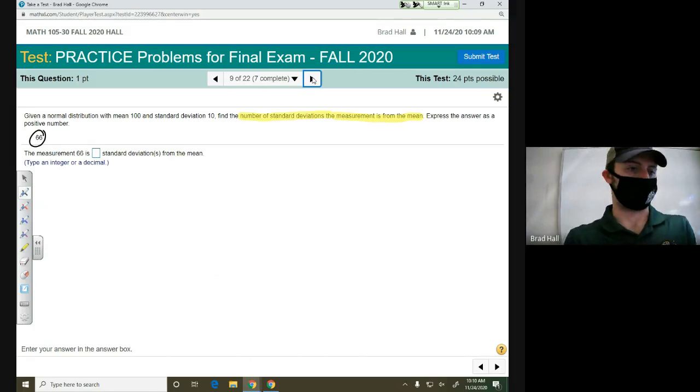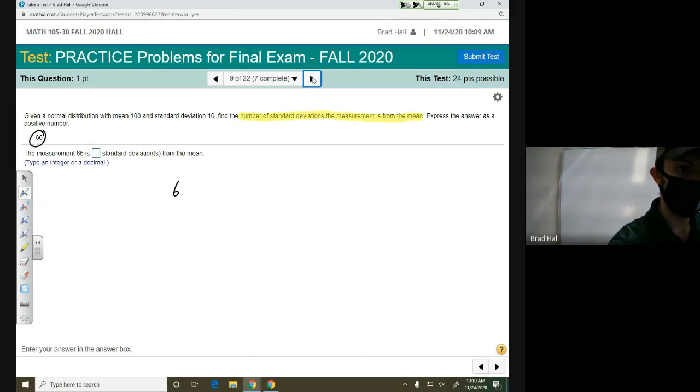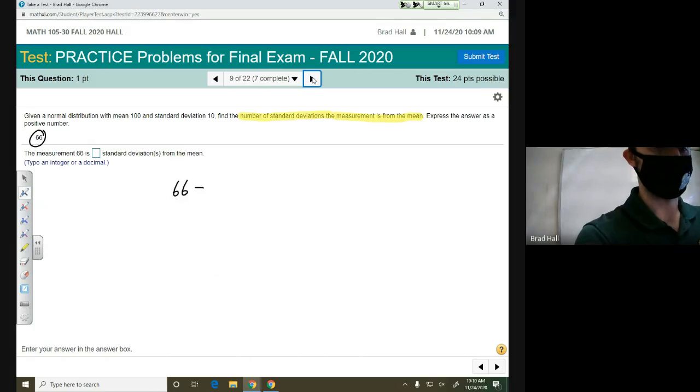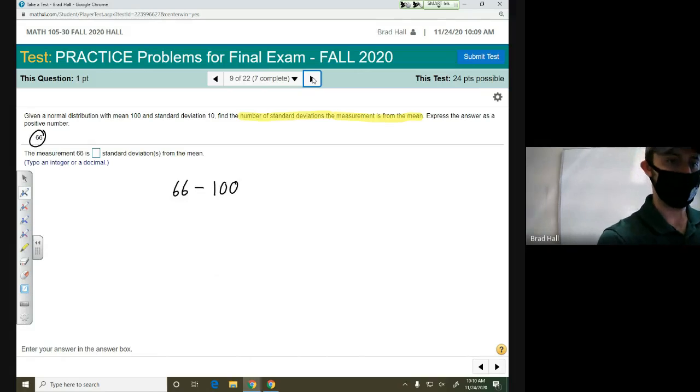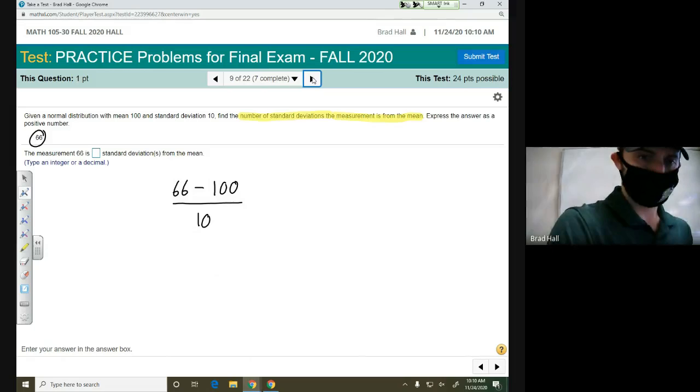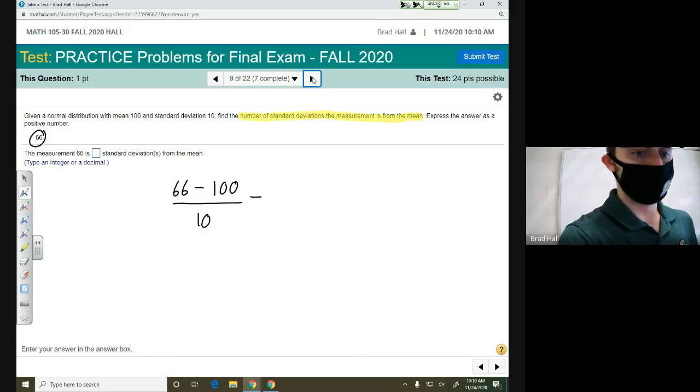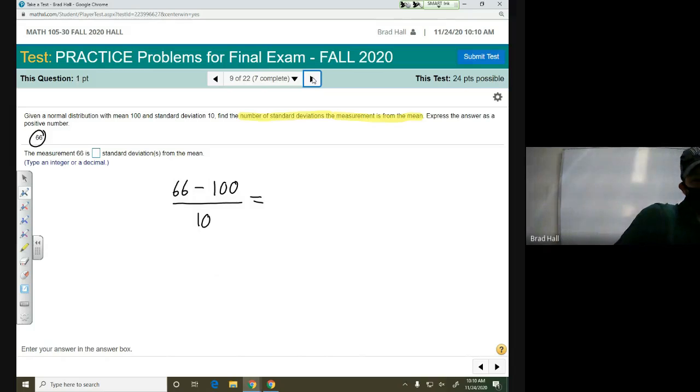So the formula for that, for 66, well, we need to subtract off the mean and divide that by the standard deviation. This is negative 34 divided by 10, which is negative 3.4.